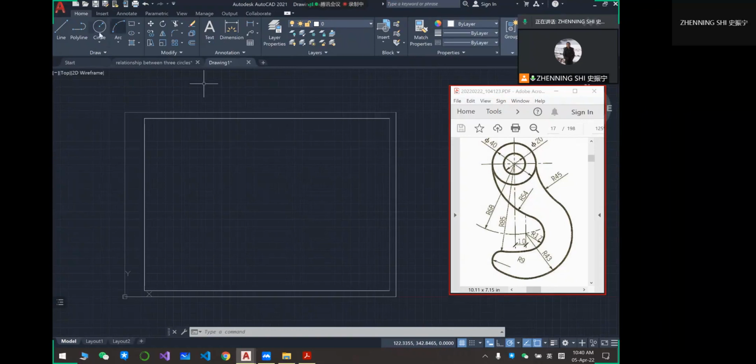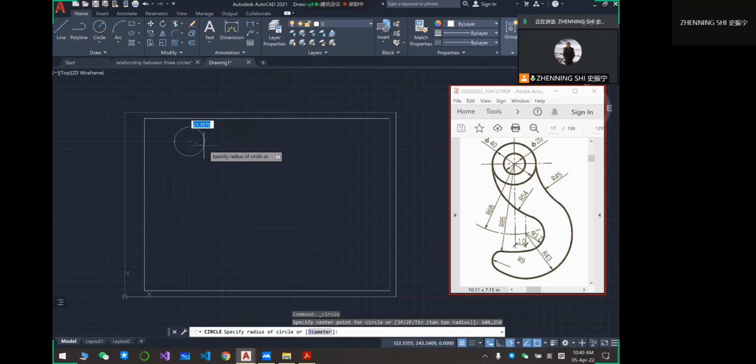Because I have taught it many times, I know the right position. I think 100 and 215 is a right position for you to draw the hook.